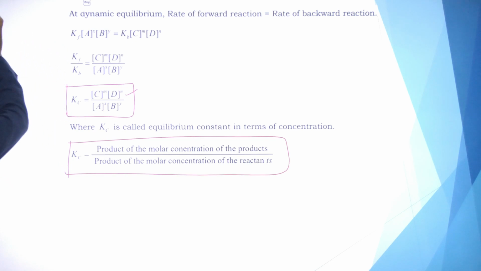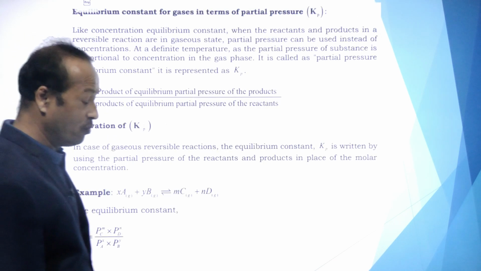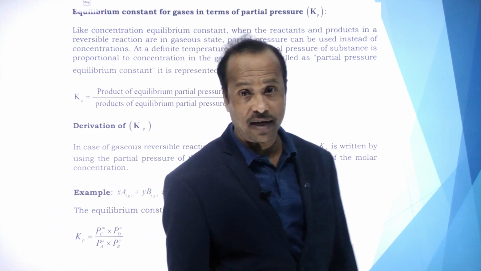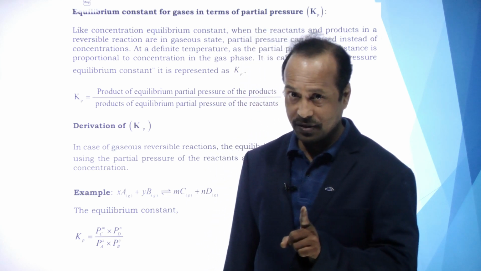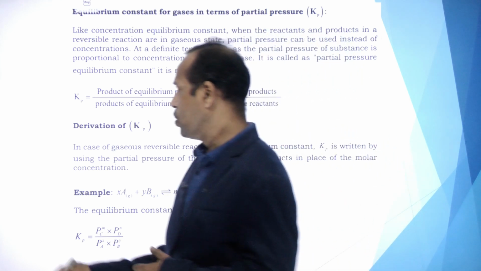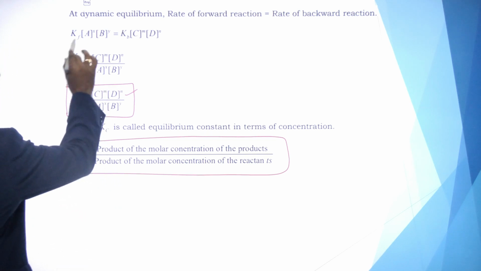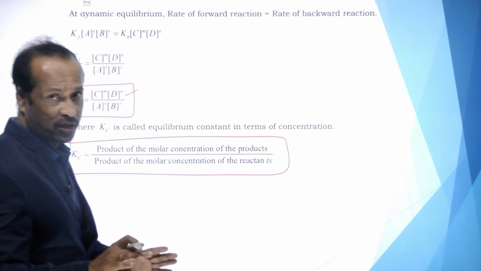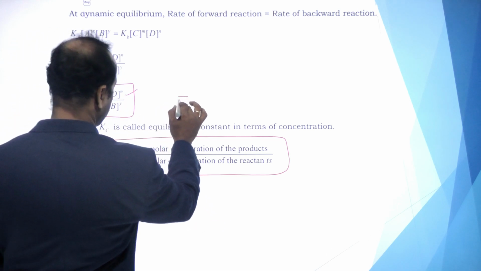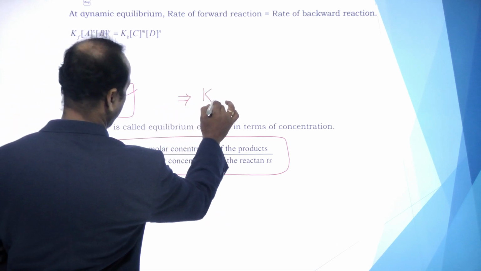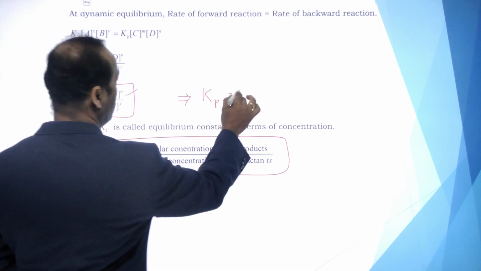If the reaction involves gases, I told you that if gases are involved, we have to express it in terms of pressure. Here we took concentration for the same reaction. If gases are there, then you have to express it in terms of pressure. So the same reaction we can write like this: Kp is equal to, instead of C, what do we write?